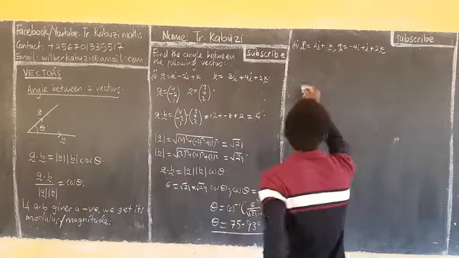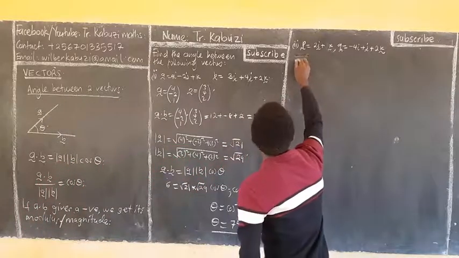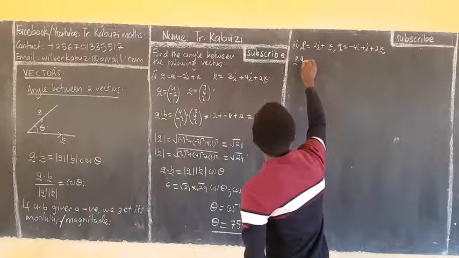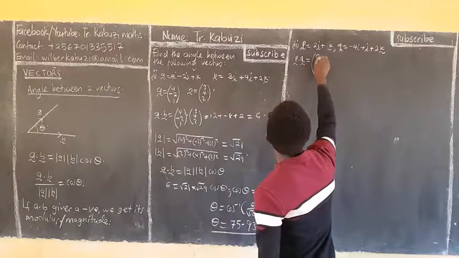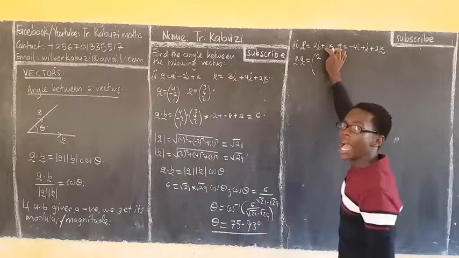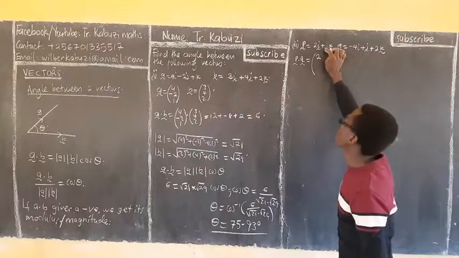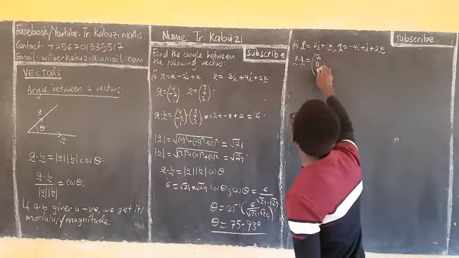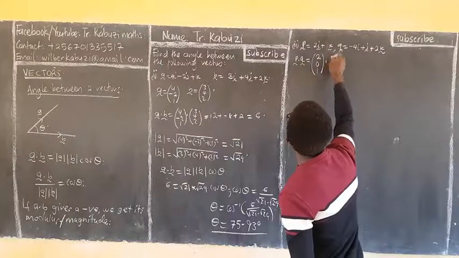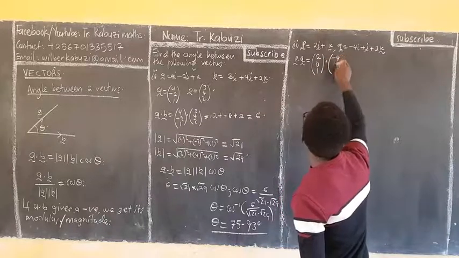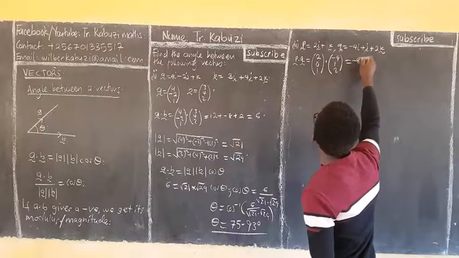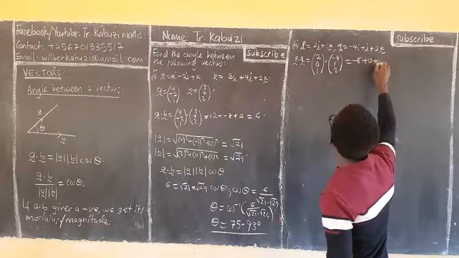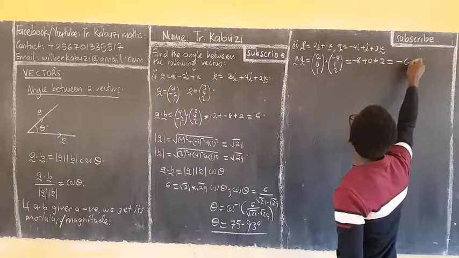For the next example, I need the dot product of these 2 vectors. P is missing the j, so it means it's 0, then k is 1, and dot Q, which is negative 4, 1, 2. When I dot this, it will be negative 8 plus 0 plus 2, which is negative 6.